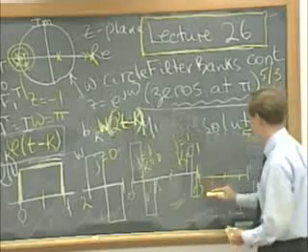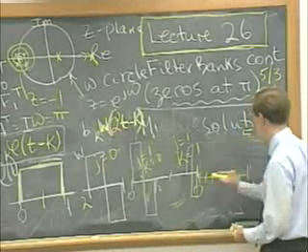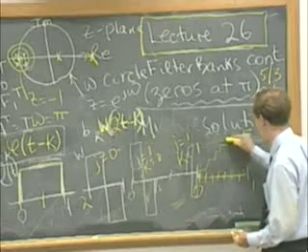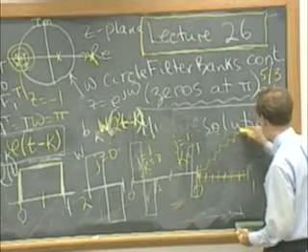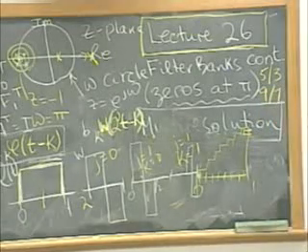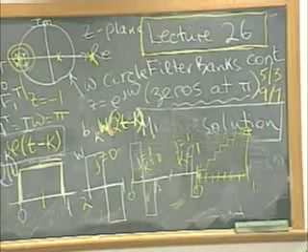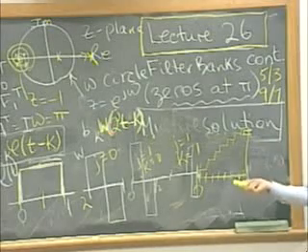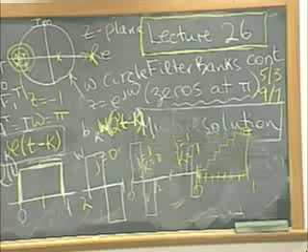Suppose my function is like that, like a staircase. What scale am I on? What basis function should I be using to reproduce that perfectly?